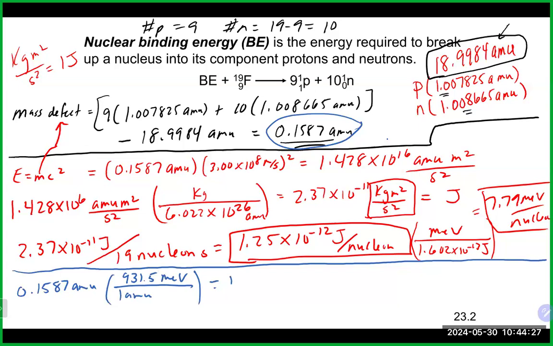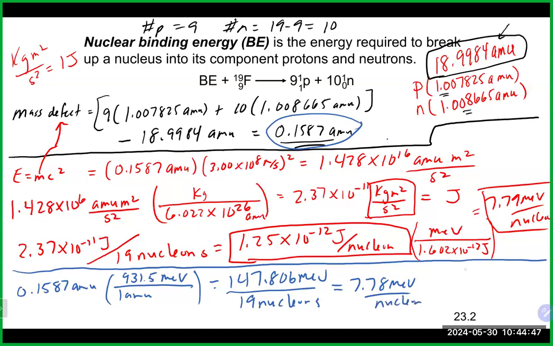That's going to give us about 147.806 mega electron volts divided by 19 nucleons, which gets us about 7.78, a little different with rounding, but pretty close to what we had.